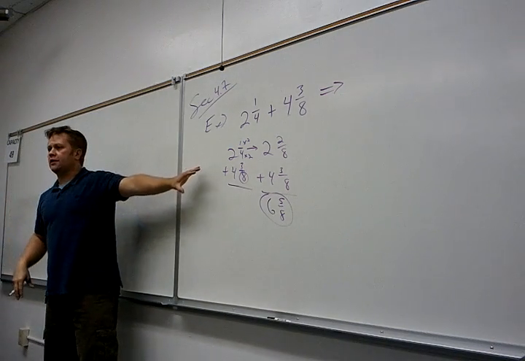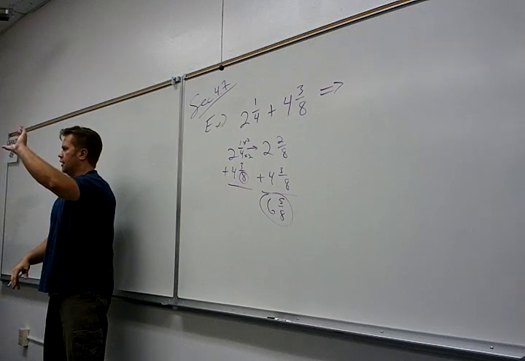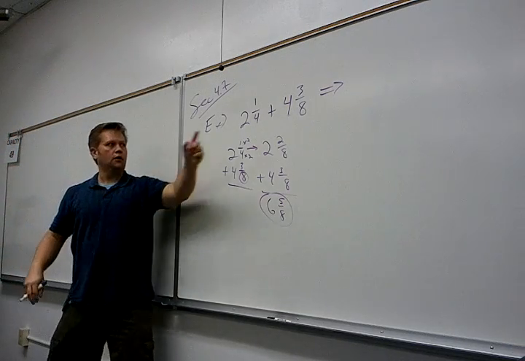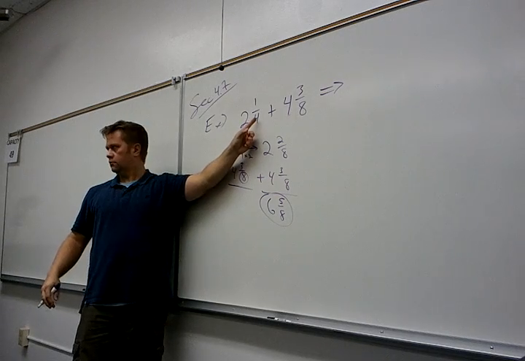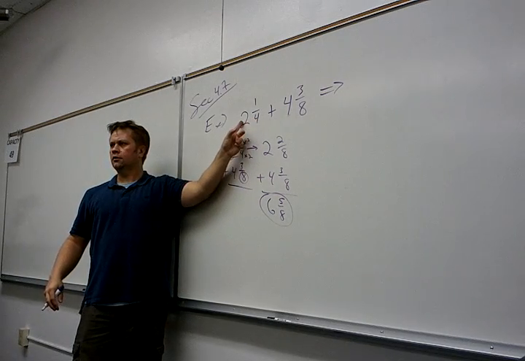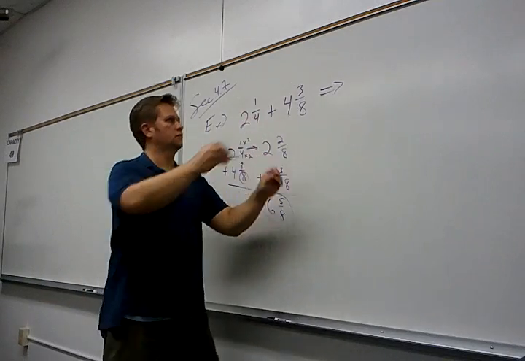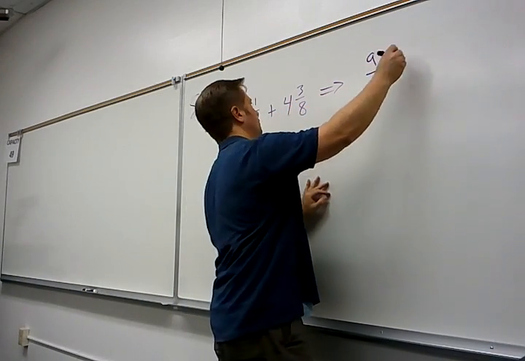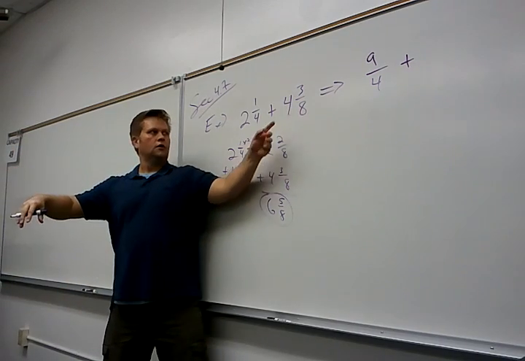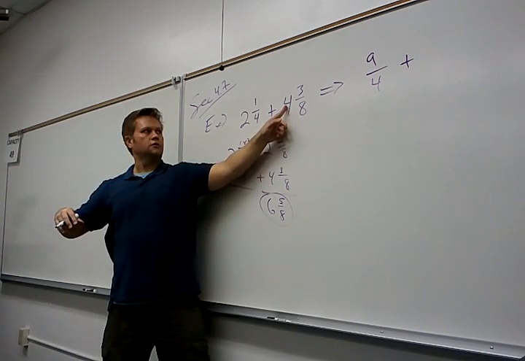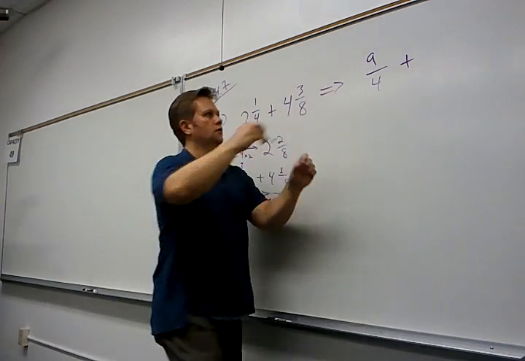This particular problem wasn't that hard, but I just want to show you on this one how you get the same answer no matter what you do. How do I change this into an improper? Times by, add. 4 times 2 is 8, plus 1. 9 fourths. Good. 8 times 4 is 32 plus 3. 35.